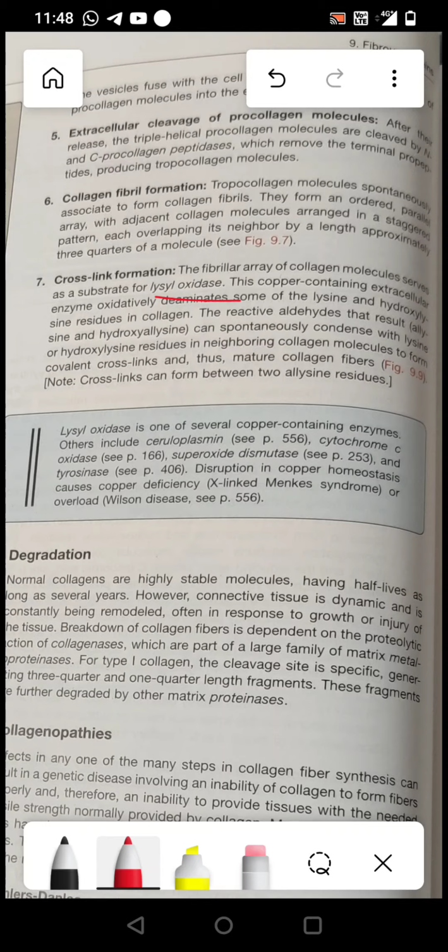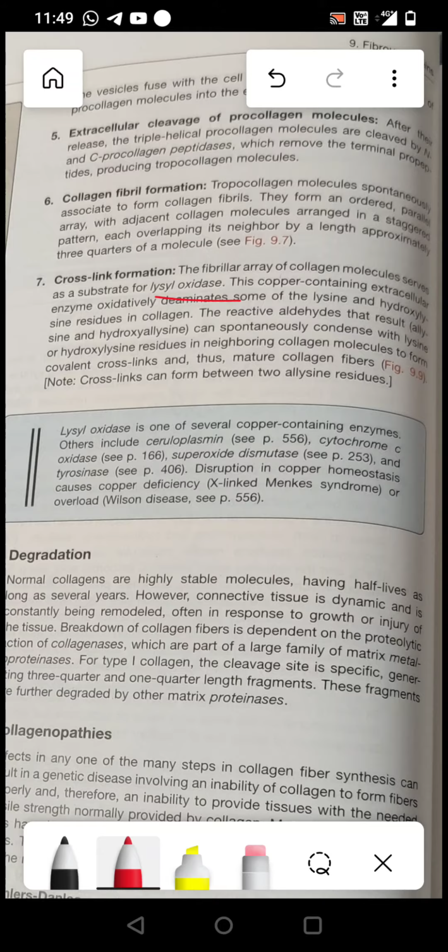What happens? There is this lysyl oxidase which removes the amine, converts hydroxylysine and lysine to aldehydes, and that then creates a cross-linking with the neighboring portions which have lysine and hydroxylysine, and therefore cross-links can form between two allysine residues.